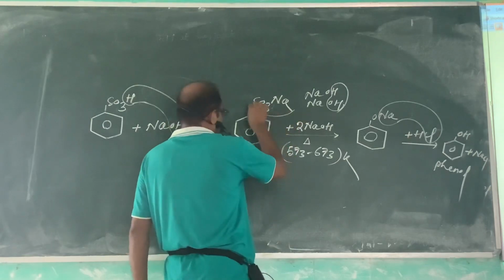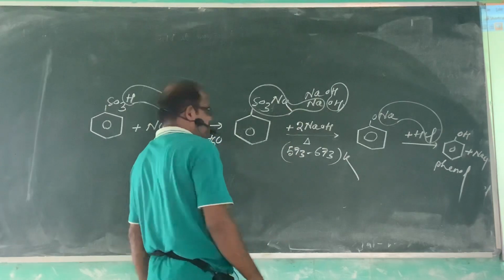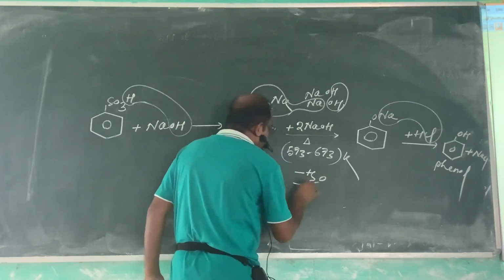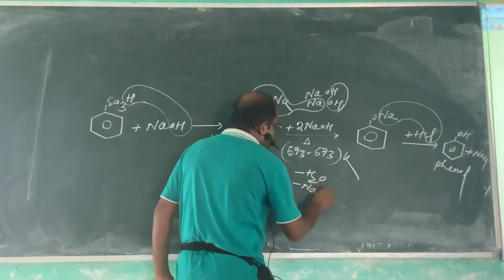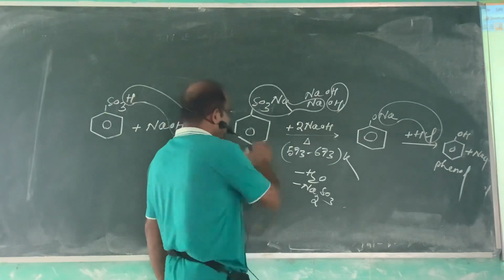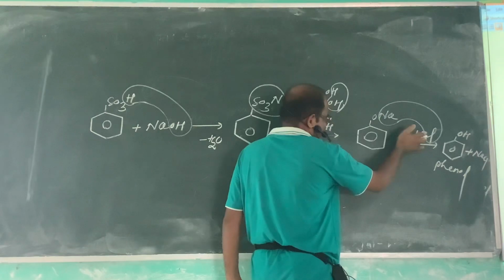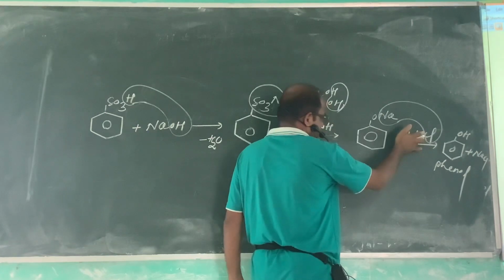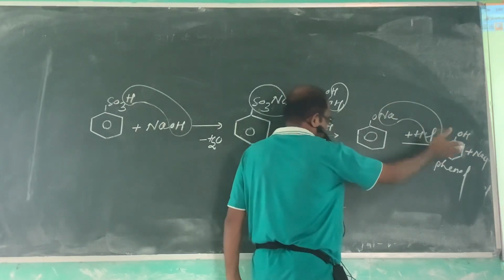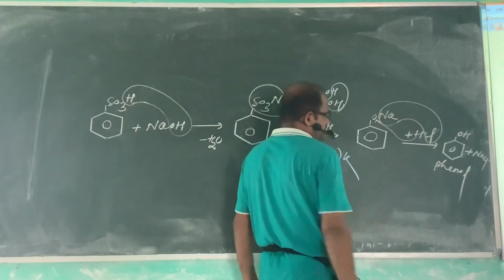Again, another sodium atom combines with the SO3 to give sodium sulfite, Na2SO3. Then we get sodium phenate, which on acidification, meaning addition of hydrochloric acid, gives phenol. Sodium combines with chlorine to give sodium chloride, and hydrogen combines with oxygen to give phenol.